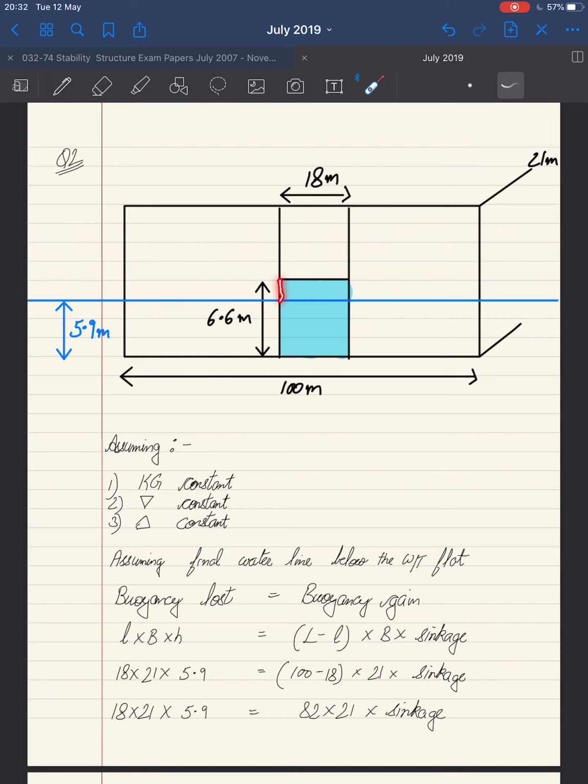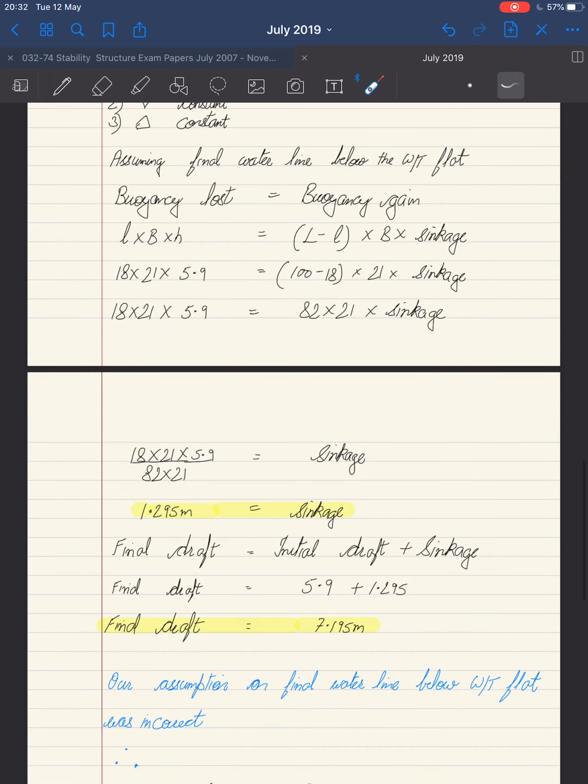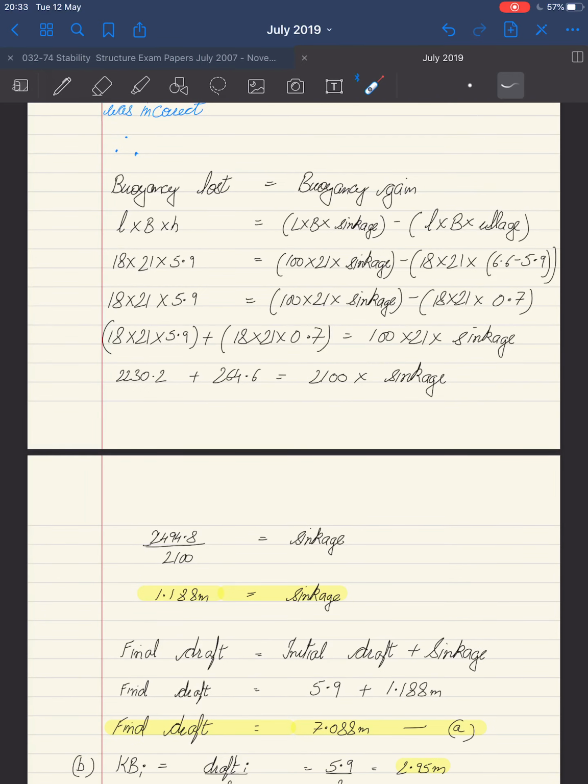If we need to subtract this small cuboid, I know the length, I know the breadth, which is 21, and height is this part, which is 6.6 minus 5.9. That's what we have done. So 6.6 minus 5.9 gives us 0.7.